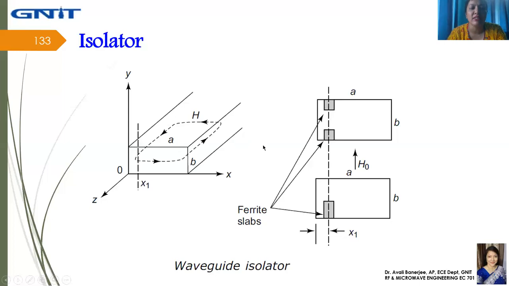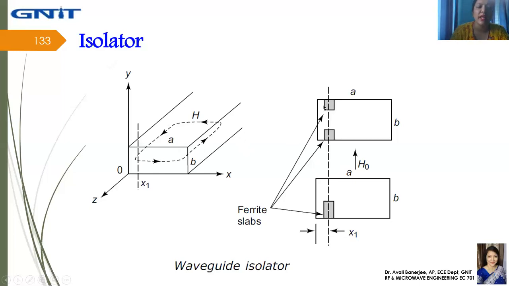The required steady-state magnetic field, that is H0 in the y direction, is established by placing permanent magnetic poles between the two broad walls. So this is the basic construction of the waveguide isolator. These are the ferrite slabs, and this is the structure, how it forms in an isolator.